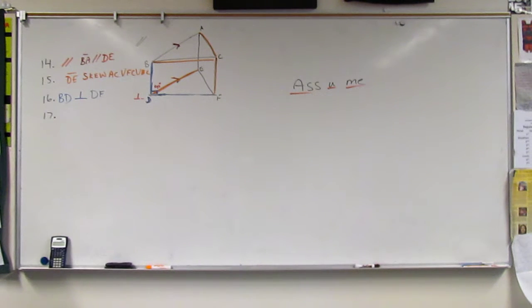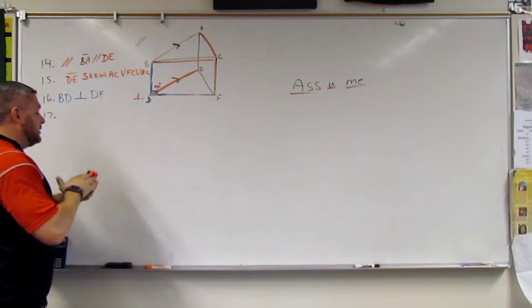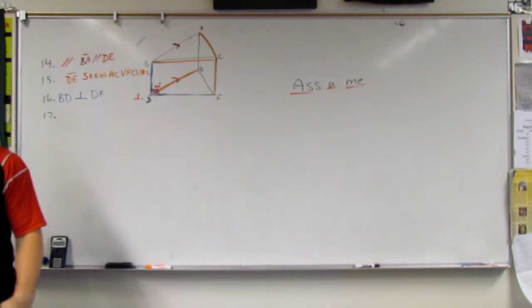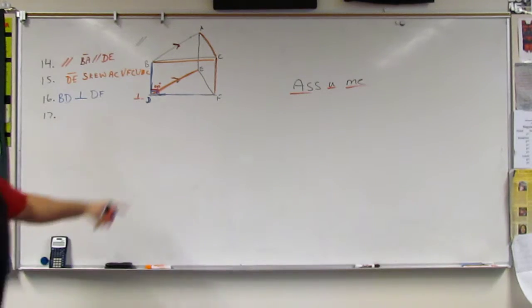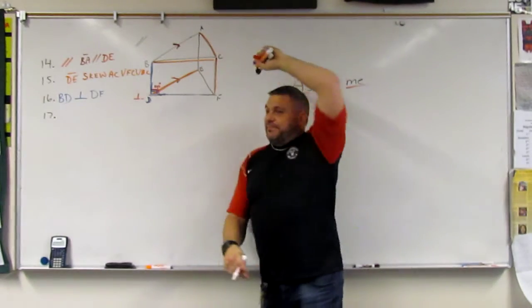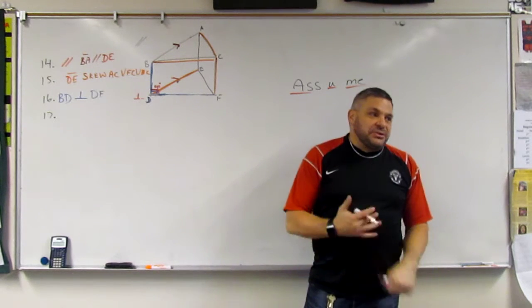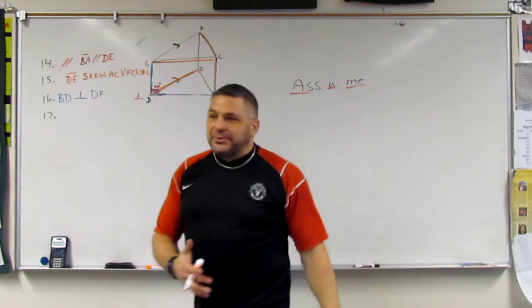Perpendicular. And it's perpendicular because of this. Because it told us. It was given. Does that make sense? Not because it looks like it. This looks like it, but we don't know that it is. Just because it looks like it doesn't mean anything.